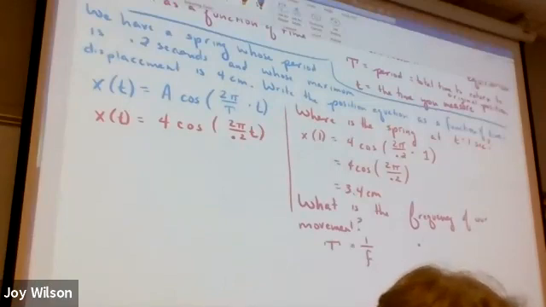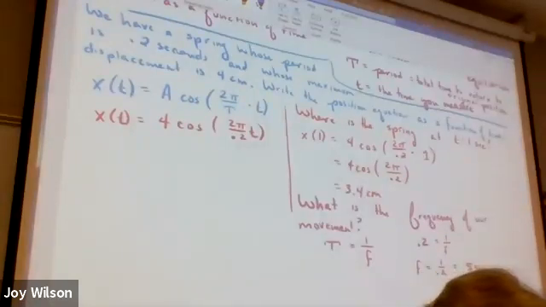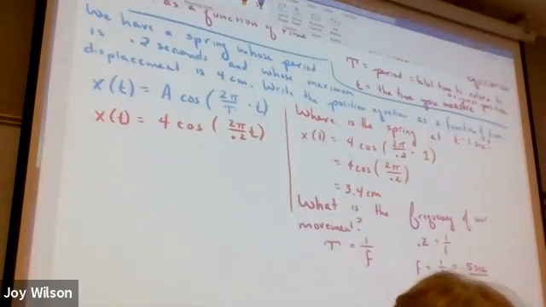So 0.2 equals 1 over F. So F equals 1 divided by 0.2, which is 5 seconds. Or sorry, not 5 seconds, 5 hertz.